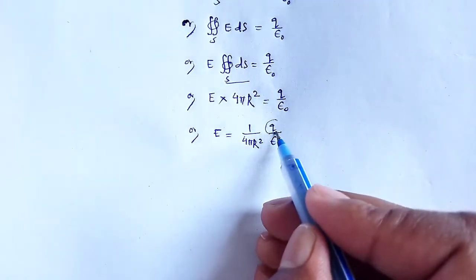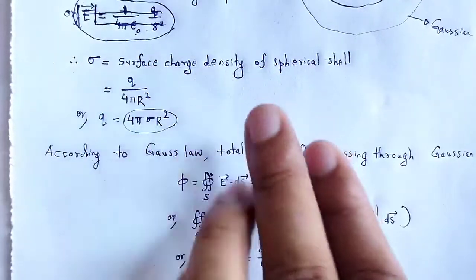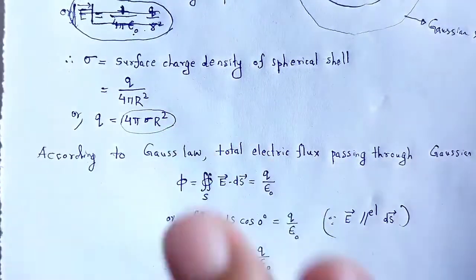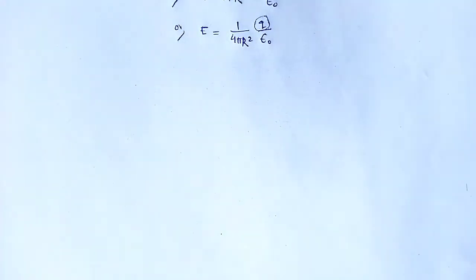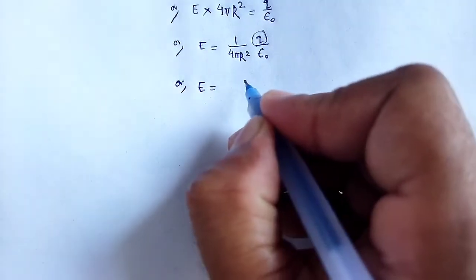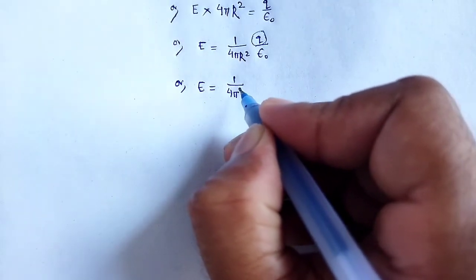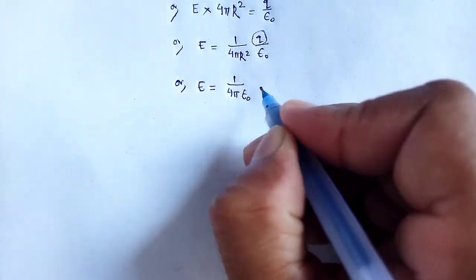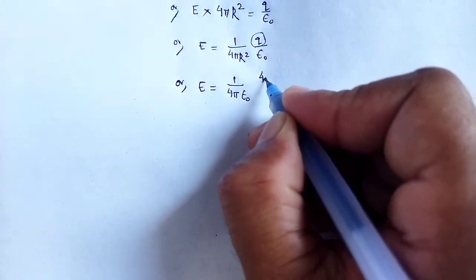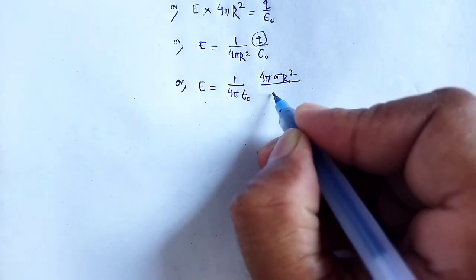As we know, according to the definition of surface charge density, the value of q is 4 pi sigma R square. Here we put that value, so E is equal to 1 by 4 pi epsilon naught, in place of q, 4 pi sigma R square divided by R square.